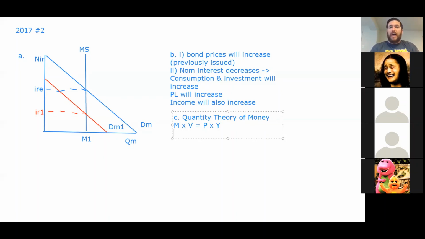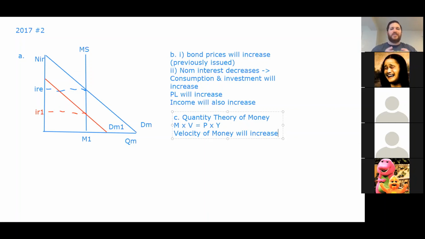We also know that in the short run, Y for this case is also going to increase. If M remains constant and both P and Y increase, then V, or velocity of money, must also increase to make sure that the equation equals out on both sides. So in this case, the velocity of money will increase.